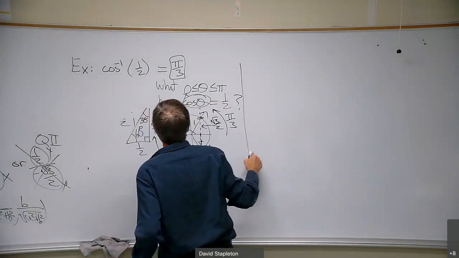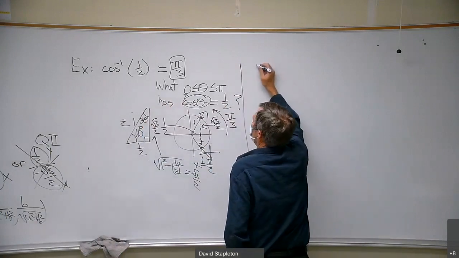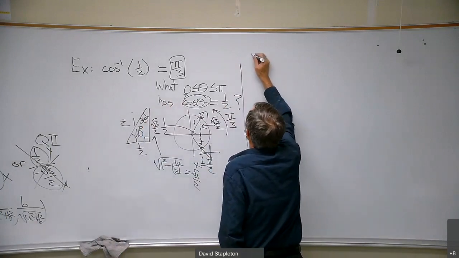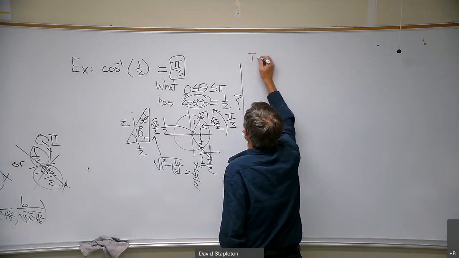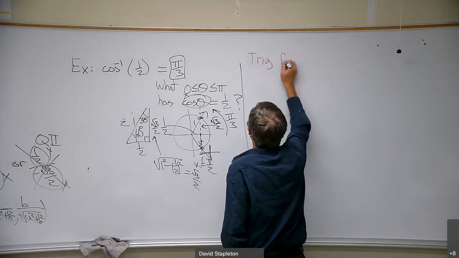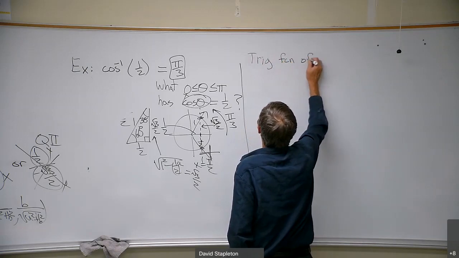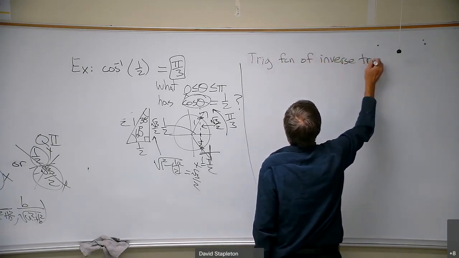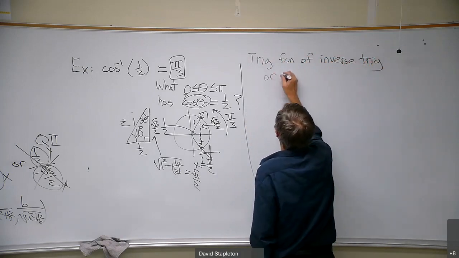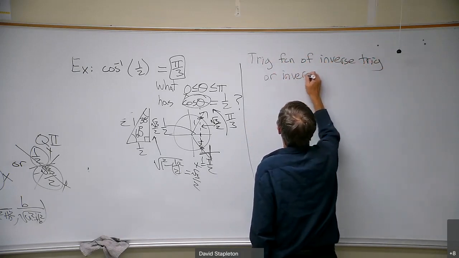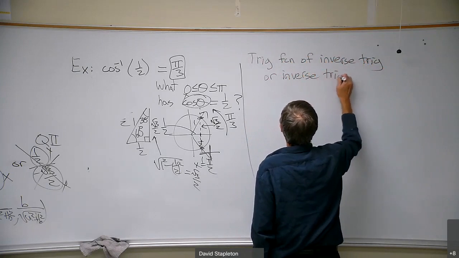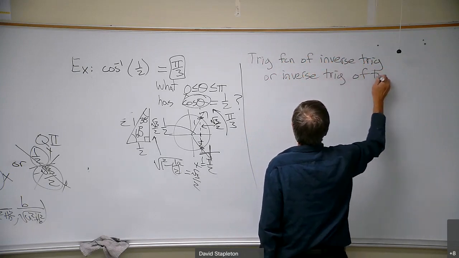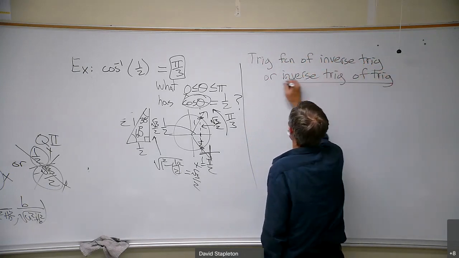Now, I think, yeah, we're on. If you have trig functions of an inverse trig function, or inverse trig function of a trig function, things sometimes get kind of tricky.